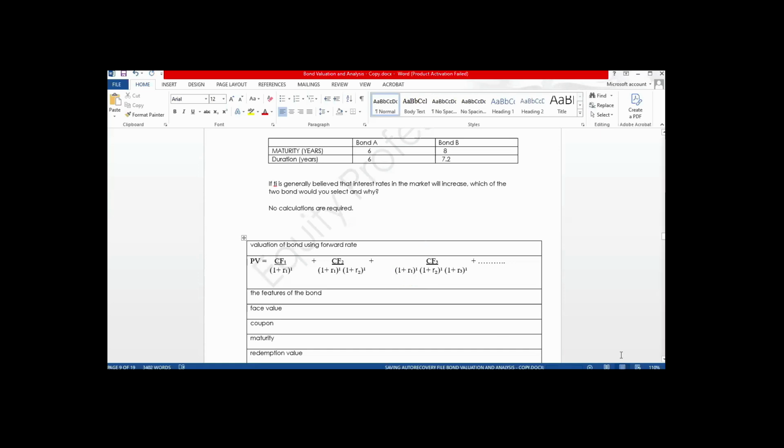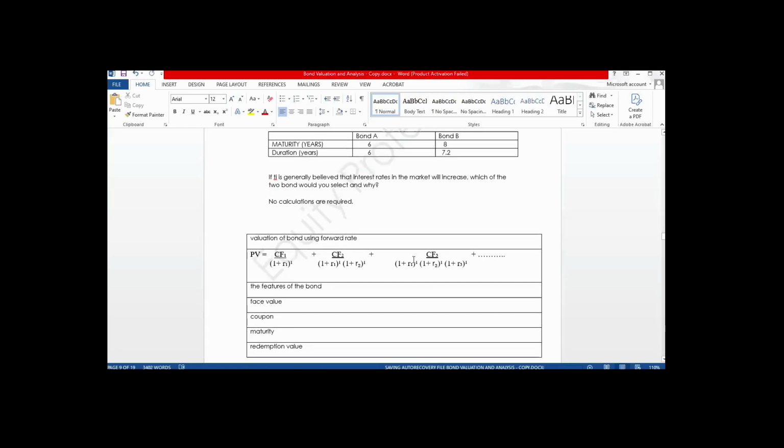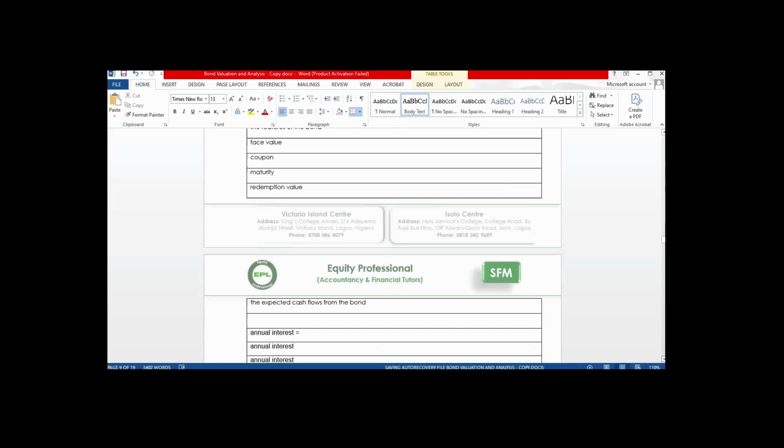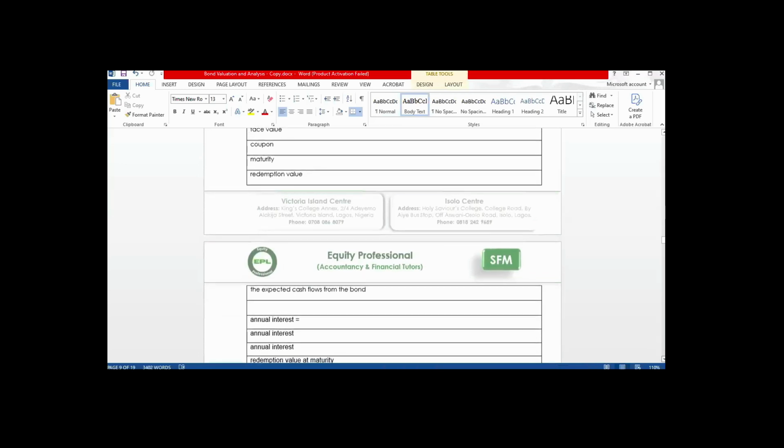Let us demonstrate this. You observe that everything is raised to power of 1. Nothing like power of 2 or power of 3. So let's go to this. Let us itemize.